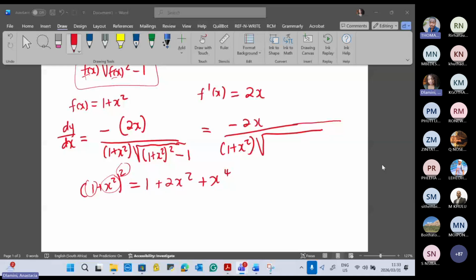Instead of opening brackets and whatsoever, you can square the first term, which is 1, and multiply by 2 times x squared times 1, which is 2x squared, and then square the last term, which is x to the power 4. You can open brackets if you want, but I just showed you an easy way.